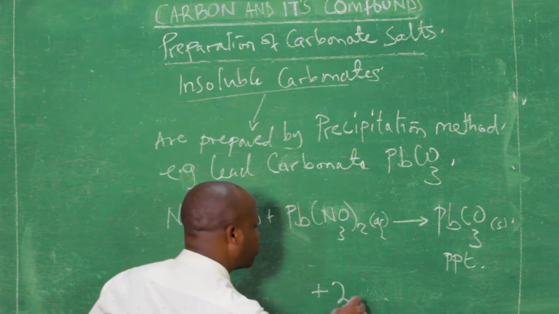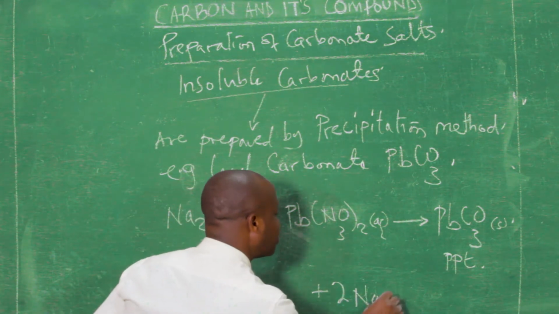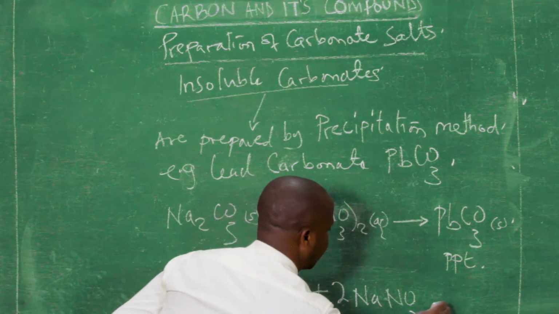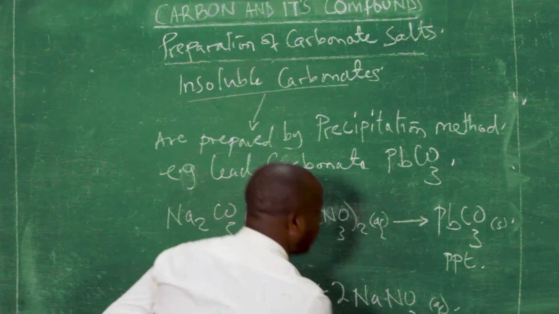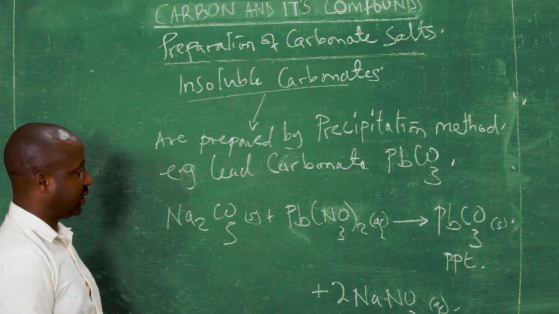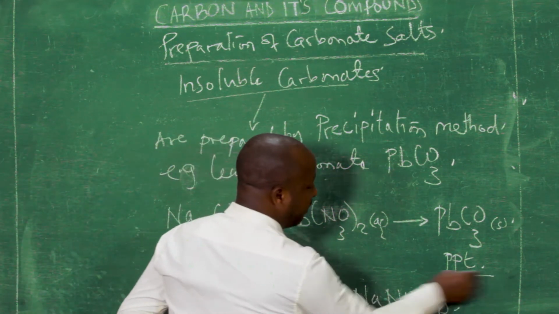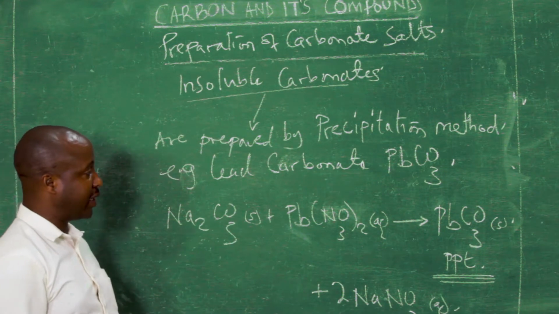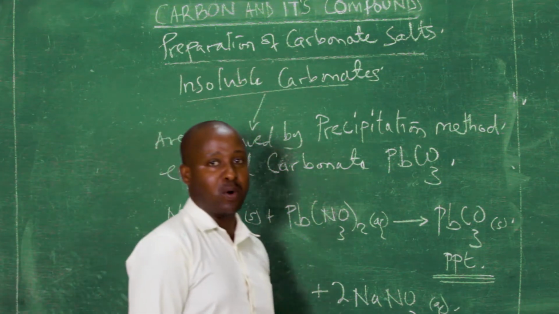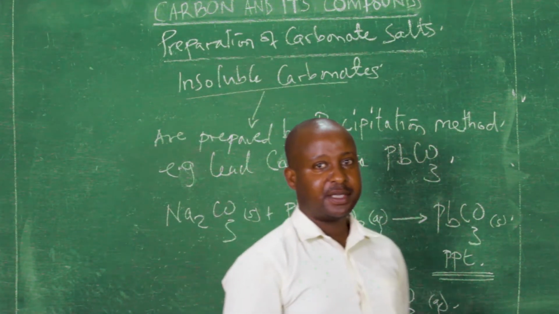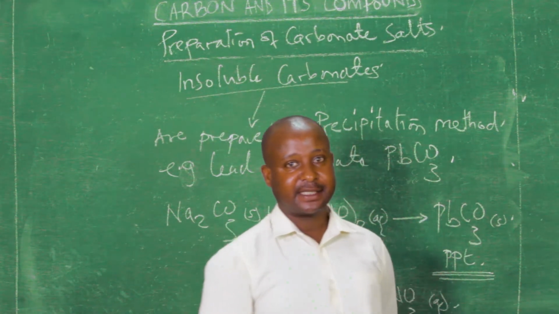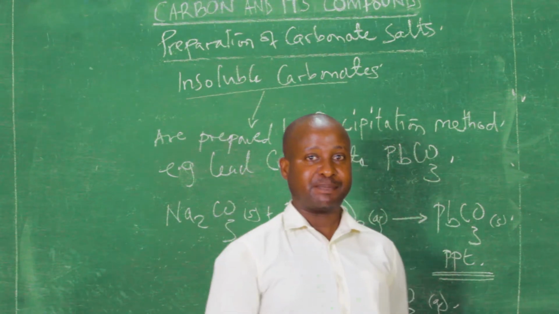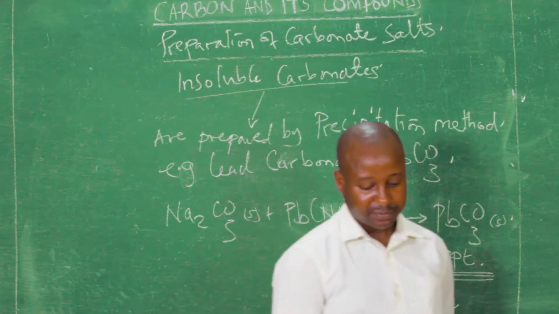In addition, we shall have 2 moles of sodium nitrate produced. So lead carbonate produced in this reaction is insoluble. So this is a method that we can use to prepare insoluble carbonates, precipitation method.